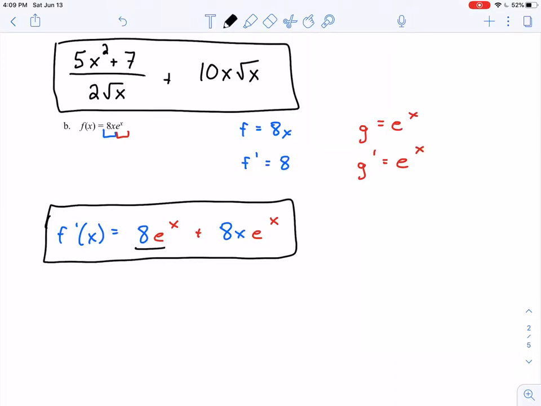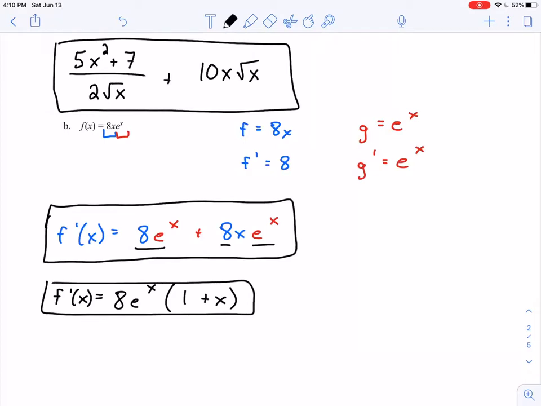So I see 8e to the x in common between both of these two terms. I would factor out 8e to the x, and then that will leave me with 1 plus x. You don't have to factor this out. I just think it's probably a good idea to get the practice in, make sure that you understand how factoring works, just because we're going to be using it quite a bit in the next chapter.